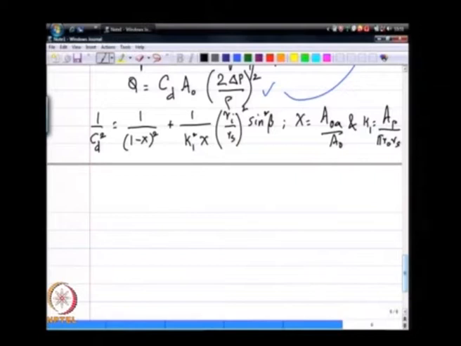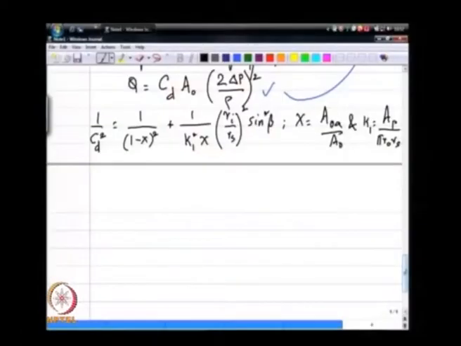So, I now have an equation relating CD to X and I also have K1. Now, K1 is what I am after, K1 is something I need to get a value for before I can design. CD is something that I may actually know apart from A0.